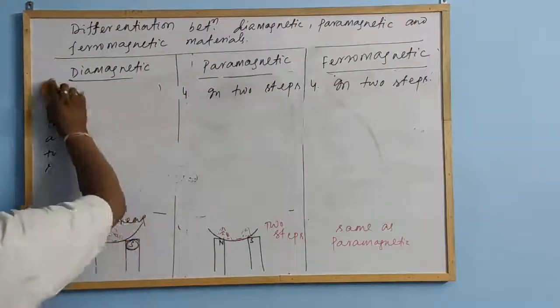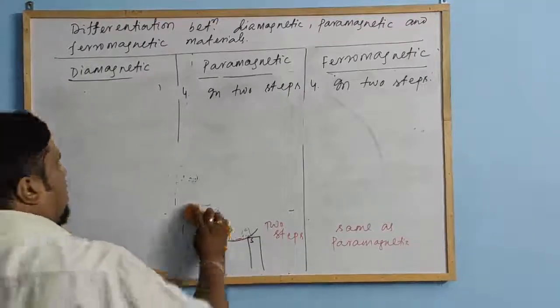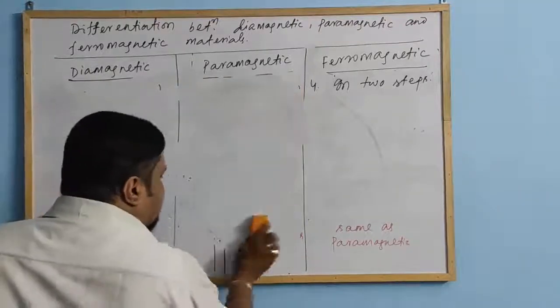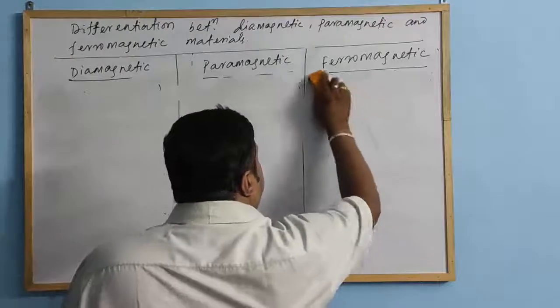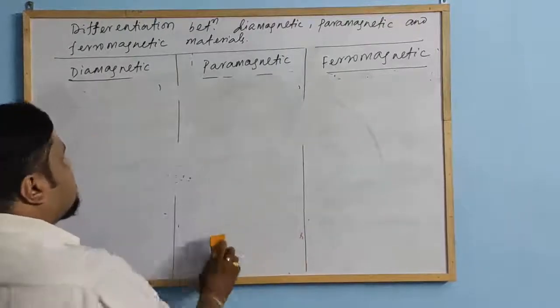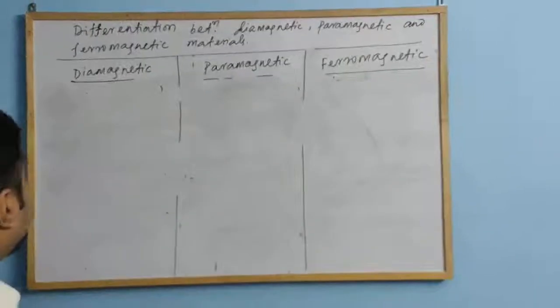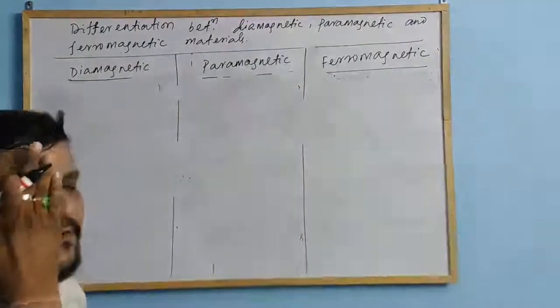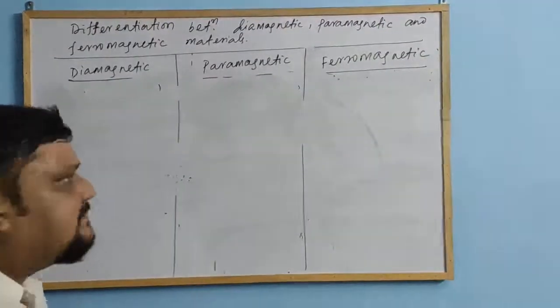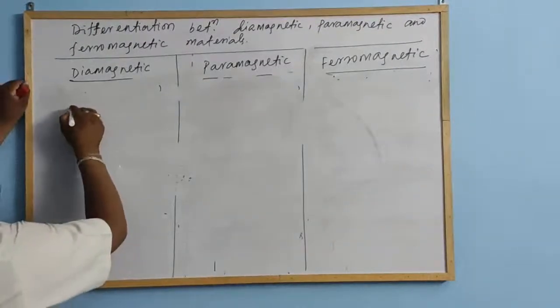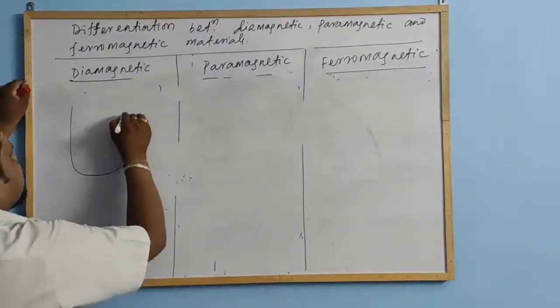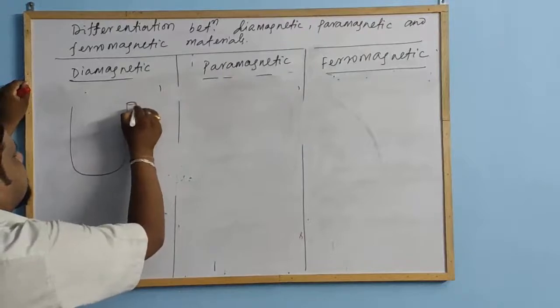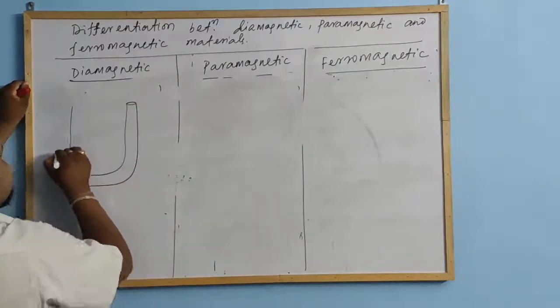That is the fifth one. The fifth one is when the diamagnetic materials are taken in a liquid form and placed in a U tube. A U form tube like this.